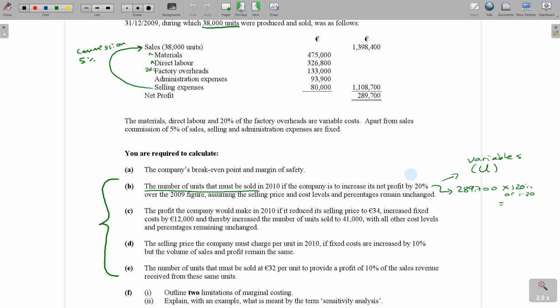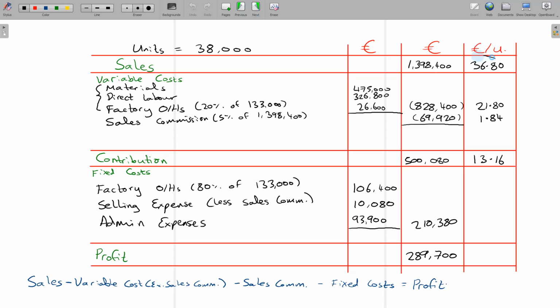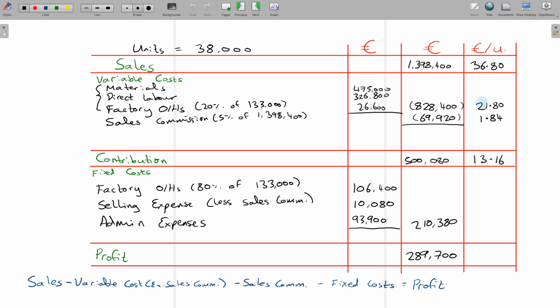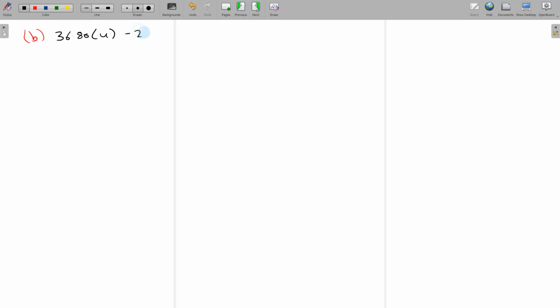And we're going to do, what's my sales? So we're looking at it per unit. We don't know the unit. So that means we have to use our unit pricing. So the sales was 36.80 by U minus 221.80, again, we don't know the units, minus 184.